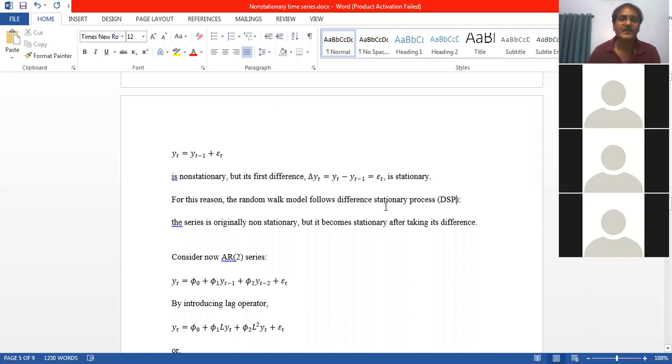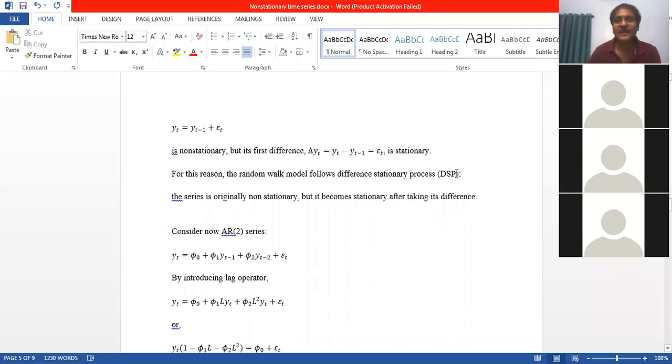Difference stationary process means the series originally is non-stationary, but after taking first difference, it becomes stationary. Clear? So DSP means the series is originally non-stationary, but after taking first difference, it becomes stationary.